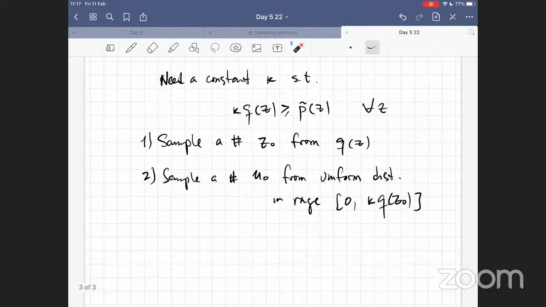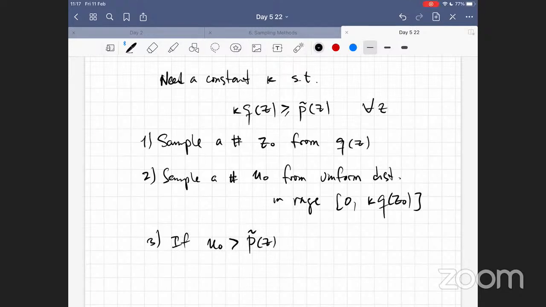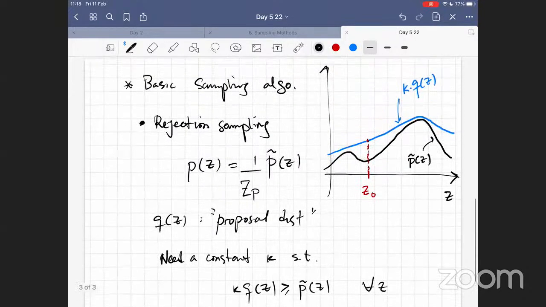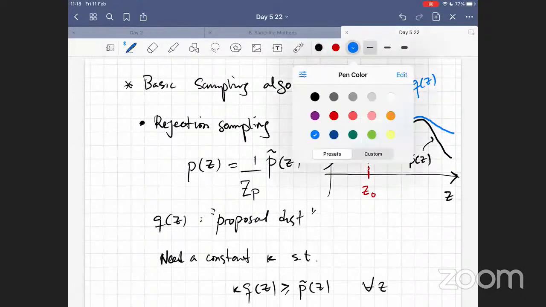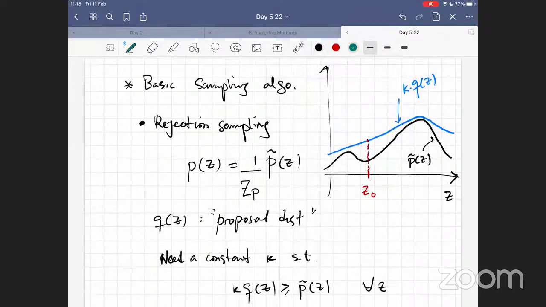Right. So the final step of this procedure is: if U0 is larger than the original distribution evaluated at Z0, then the sample is rejected. In practice, what it means is that I am rejecting this area here.